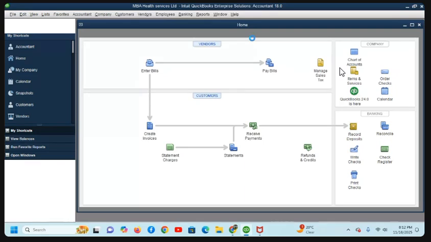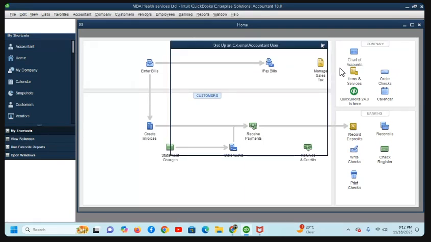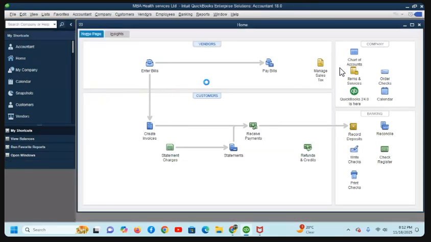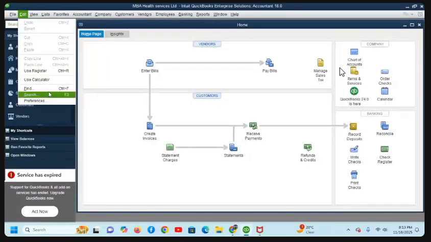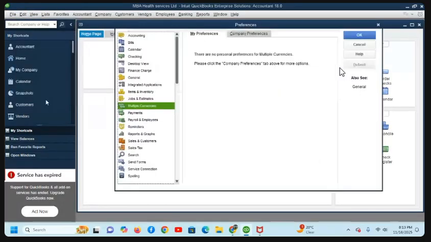So once this one is activated, I want to change this chart of account to add more features. For example, I want to include a lot of things, like receiving cash. I can come here and edit, and again I change some preferences.